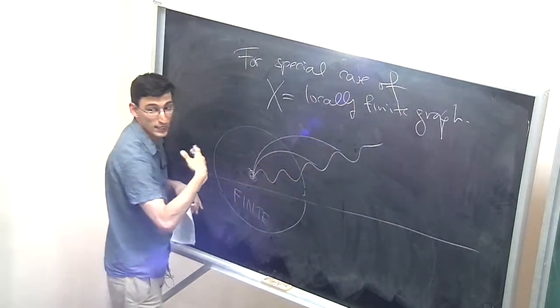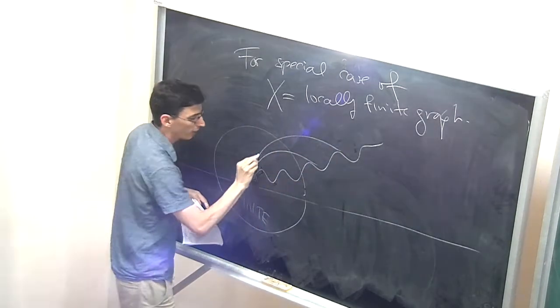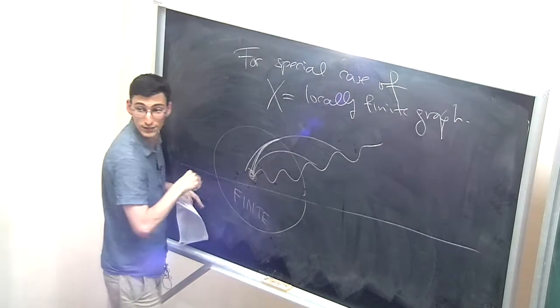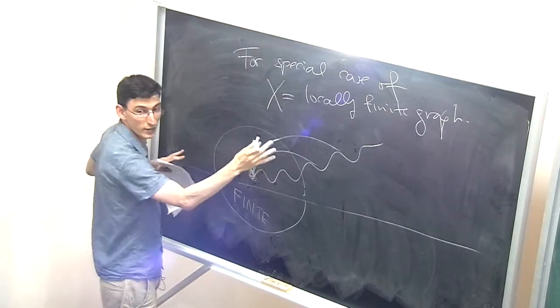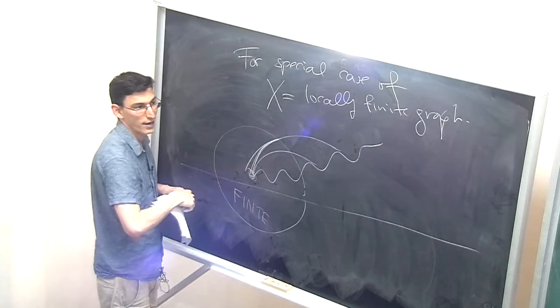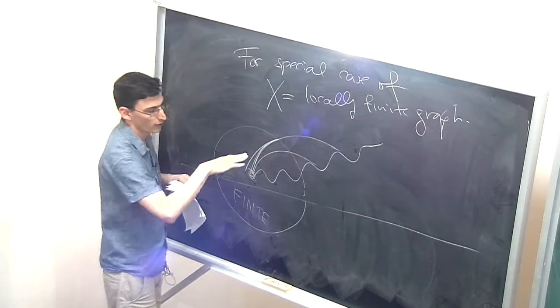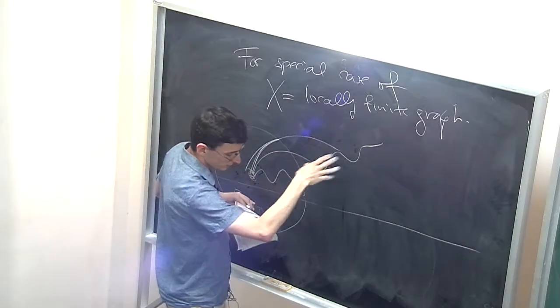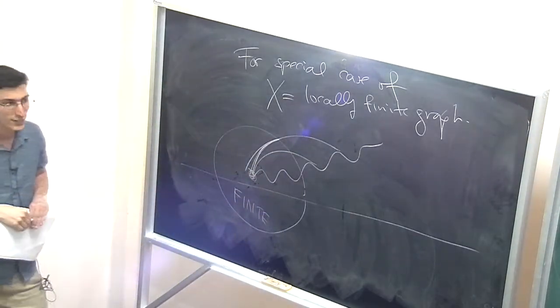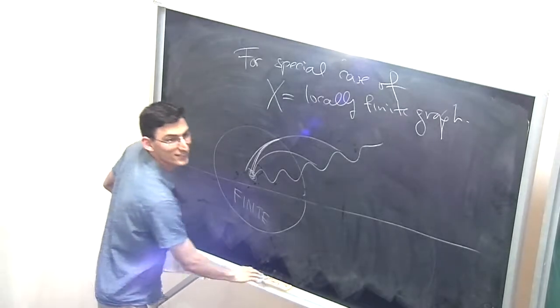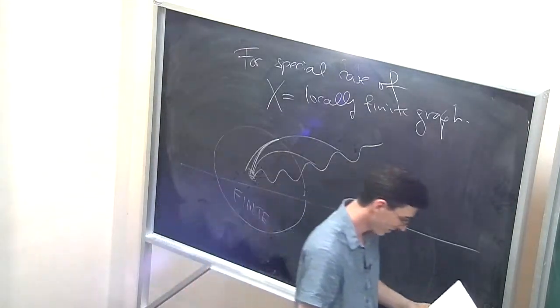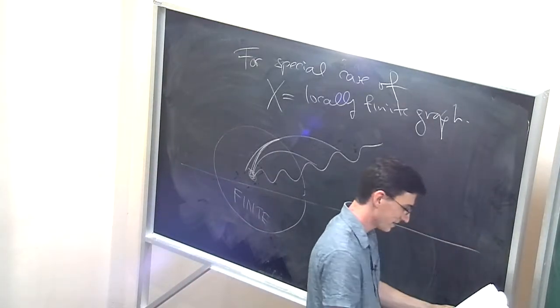So you can pass to a subsequence where they all agree on this ball. Then you iterate this argument more or less by hand, and you just keep passing to subsequences, getting your geodesic. It's nice that way.